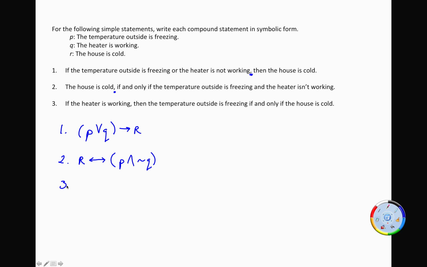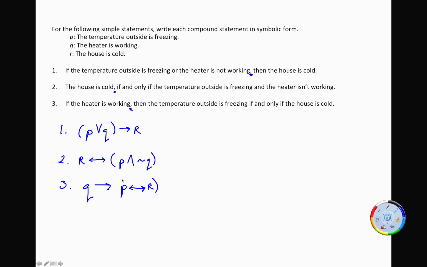Number 3. Here's the comma. So if the heater is working, Q. If Q, then the temperature outside is freezing. The temperature outside is freezing if and only if the house is cold.